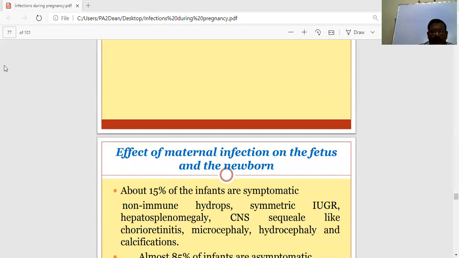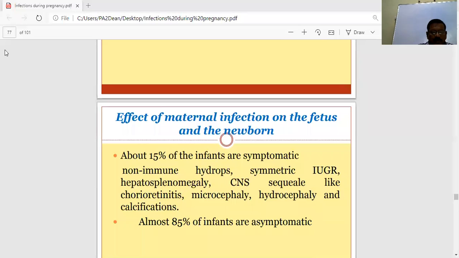Effect of maternal infection on the fetus and the newborn: about 15% of infants are symptomatic, with symmetric intrauterine growth restriction and central nervous system sequelae like chorioretinitis, microcephaly, hydrocephaly, and calcifications.